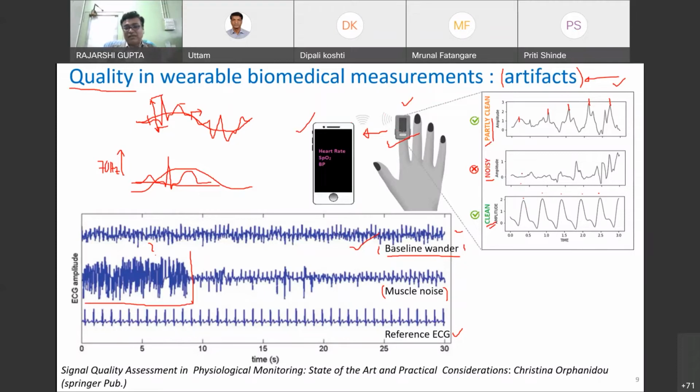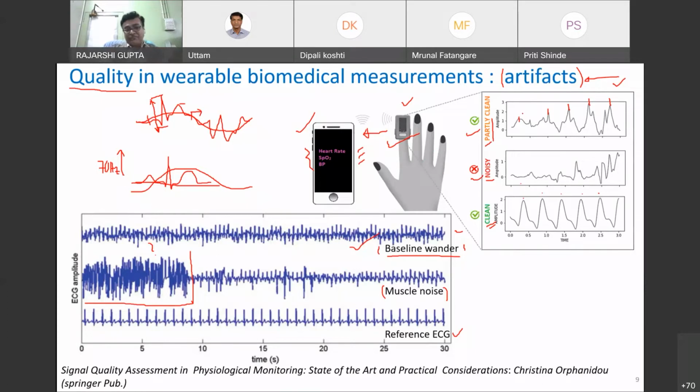For the partly clean and the noisy signal, whatever you measure, like heart rate, SpO2 or oxygen saturation, or BP, will all be erroneous.